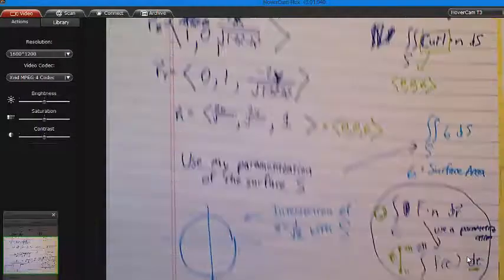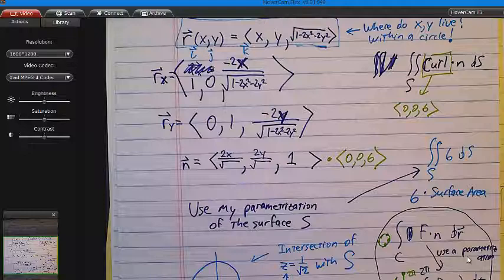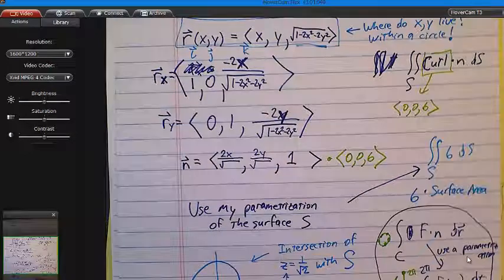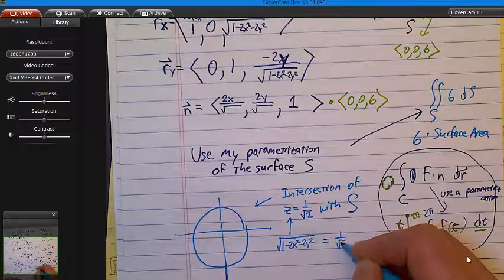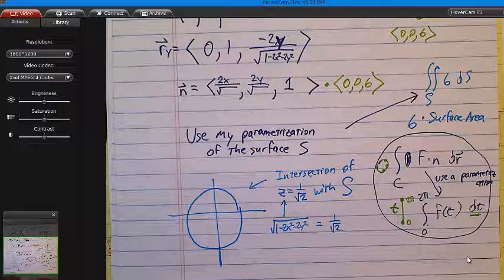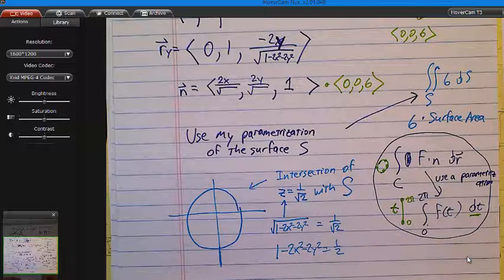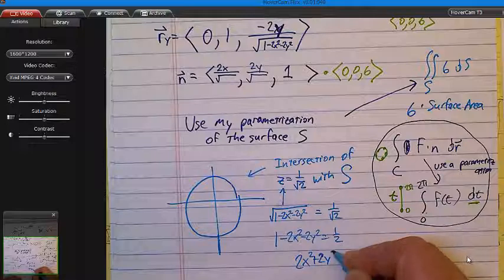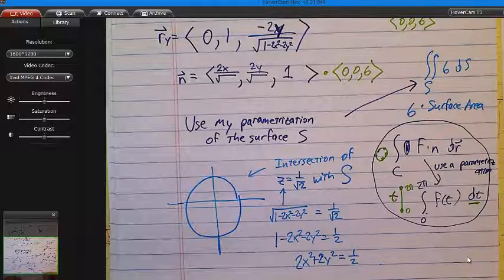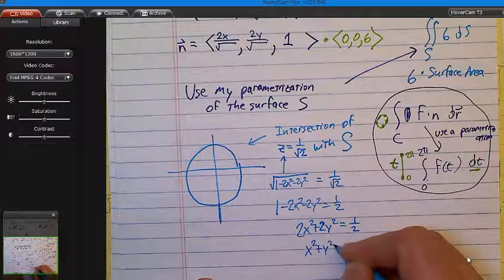I take my parameterization, there it is, and I set z equal to 1 over the square root of 2. So I have the square root thing. 1 minus 2x squared minus 2y squared is equal to 1 over the square root of 2. If I square both sides, I get 1 minus 2x squared minus 2y squared is 1/2. Or I get 2x squared plus 2y squared equals 1/2, right? Or I get x squared plus y squared equals 1/4.